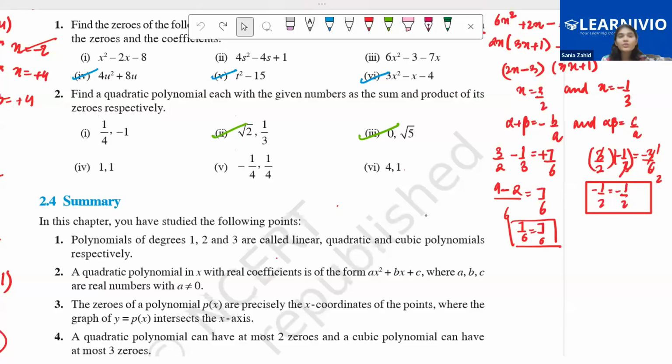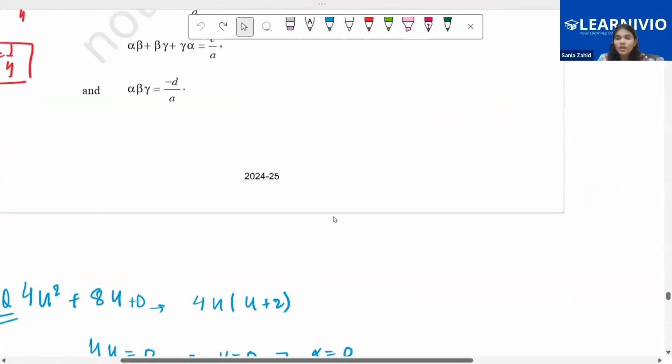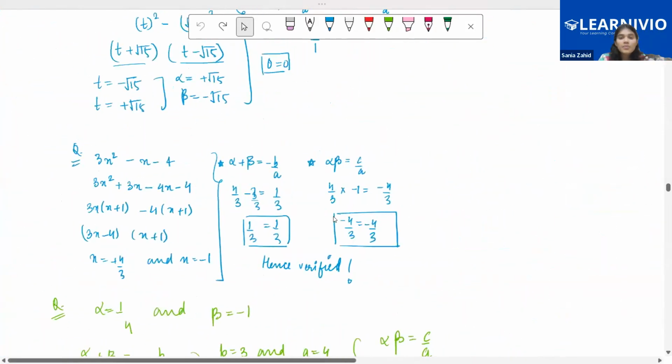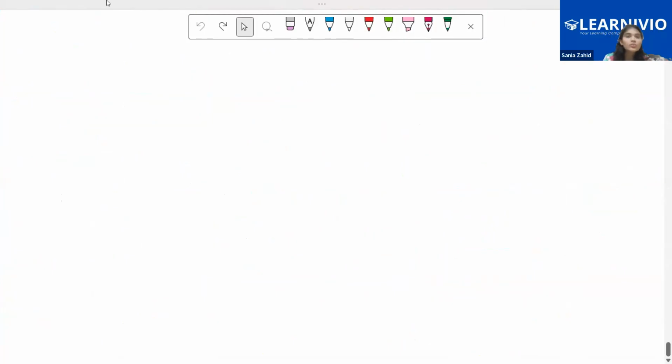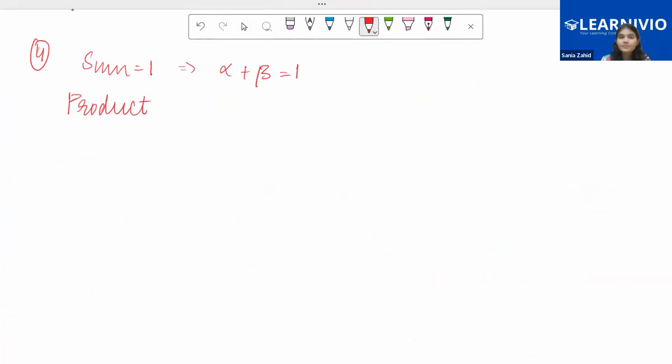First of all is finding a quadratic polynomial, with the given numbers as the sum and product of its zeros. So first is 1, comma 1. When sum is 1 and product is also 1, how do we do this? Alpha plus beta is 1, and then product is also 1.